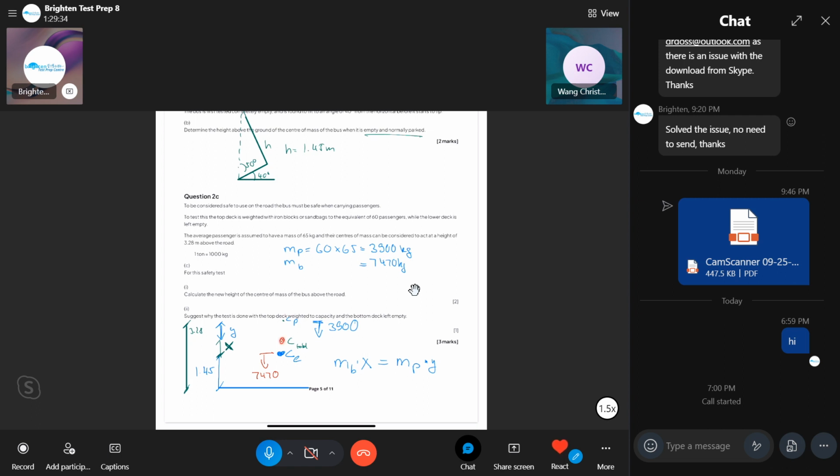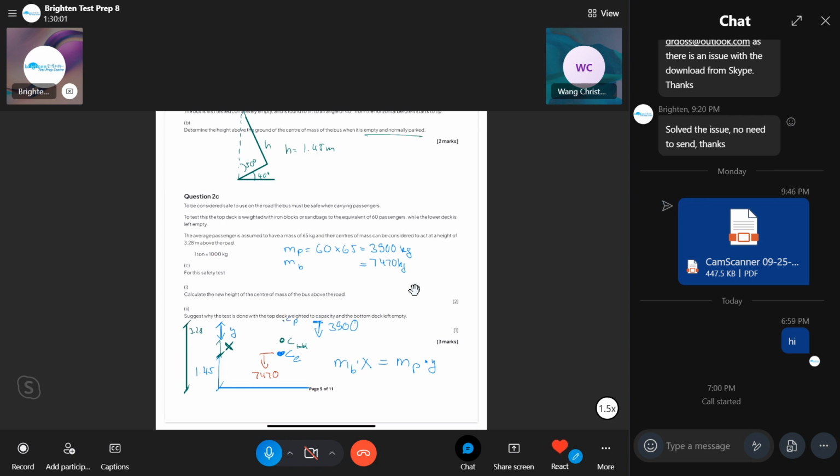Then you introduce the concept of the unknown new center of gravity and the respective distances of the forces you know to that center. You have the old situation, the empty bus center of gravity, and the assumed theoretical center of gravity from the passengers alone.